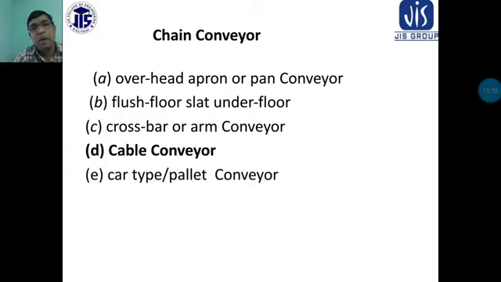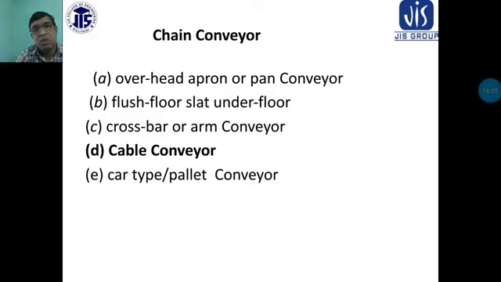This is a much greater advantage of the cable conveyor: one person is standing at one end, and another person is standing at the other end of the system. One is for the loading and the other is for the unloading. The loading person stands at the station and loads the materials, which are transferred through the cable conveyor.